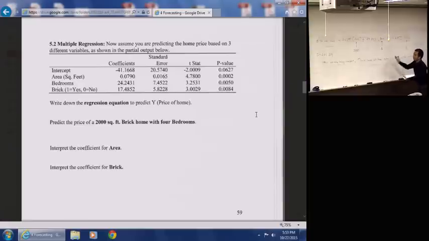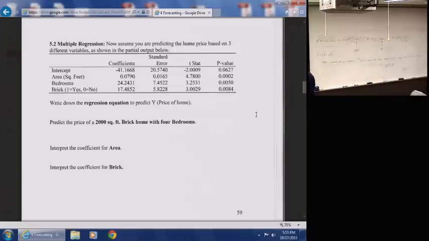So the brick house compared to the non-brick house will be more valuable, by $17,485.2, right? Always look at the unit. The brick house is more valuable by about $17,500. Okay.